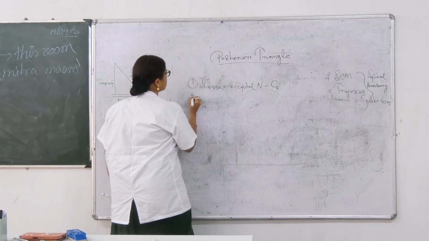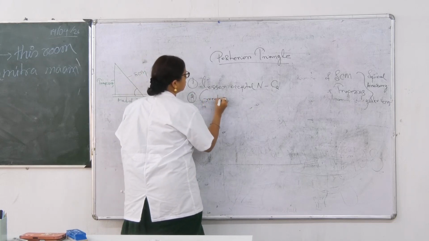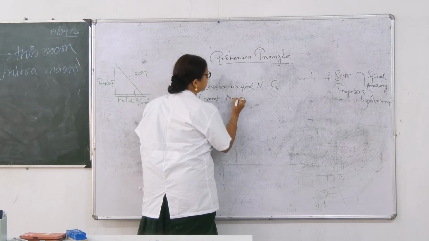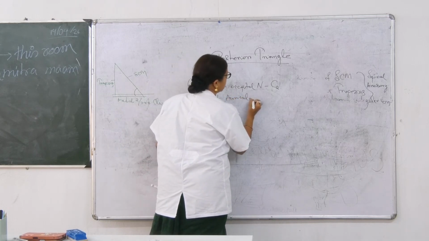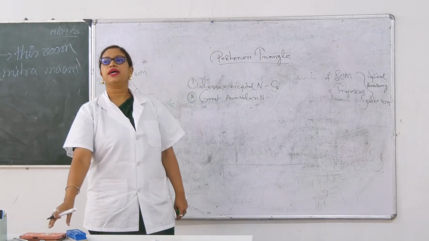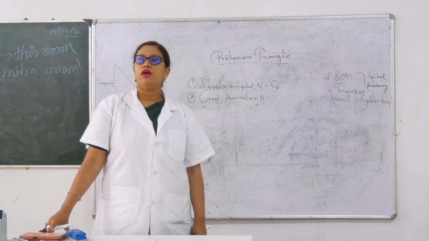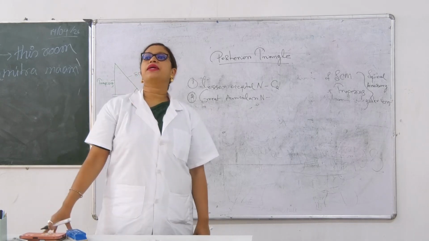Then second one is the great auricular. Great auricular কোন এরিয়াতে সেন্সরি সাপ্লাই দেয়? Throughout face sensory supply কি বলেছি?